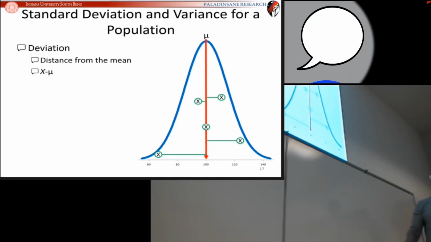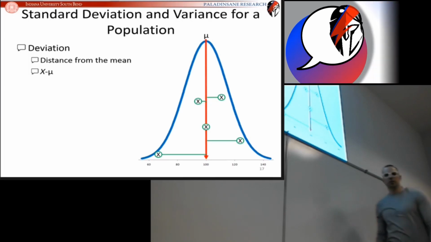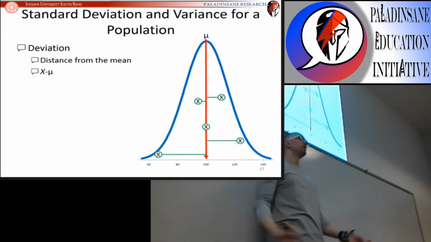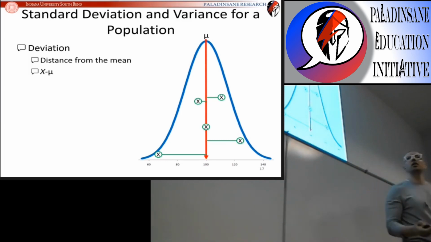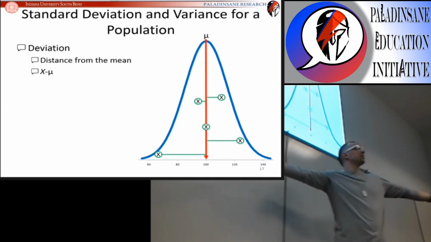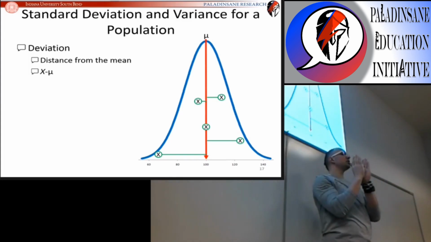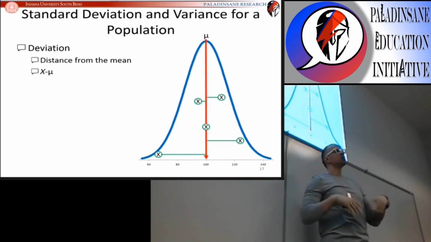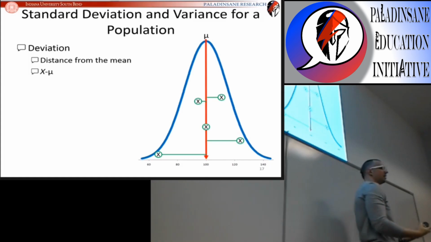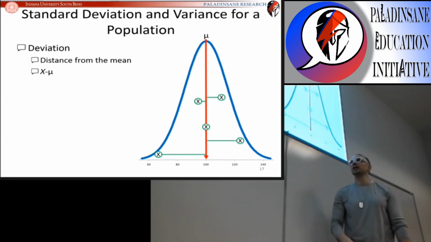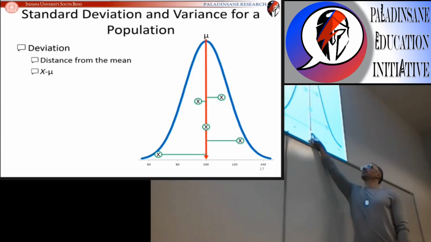All right, so that's the starting point. We're starting with deviations. What we want to do is we want to find basically the average deviation, right? So all of these scores are deviations. And if the average distance from the mean is large, that means that your population scores are very spread out. If the average deviation for your scores is small, that means that your population is not very spread out. So average deviation is what we're trying to get at when we're doing variability. However, the mean is the balance point for this distribution.